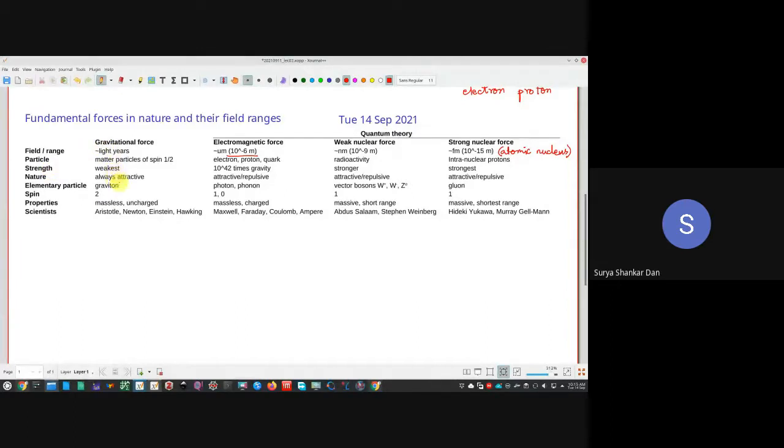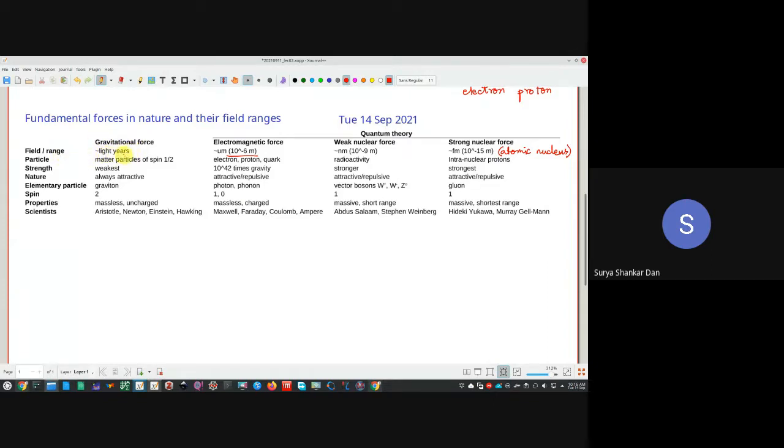Now, as I told you earlier, half integral spin elementary particles are valid for matter. For the forces, you will always have integral spins, 0, 1, 2. So these are forces, so we will only have 0, 1, 2 over here. For the gravitational force, I'm not going into elementary particles here.